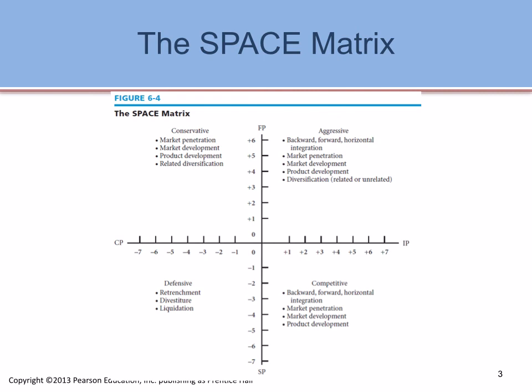And then we have two other indicators, which are the competitive position and the industry position. Competitive position is always on the horizontal negative, meaning X negative, whereas the IP position is always the horizontal positive, or X positive. IP represents the industry position.